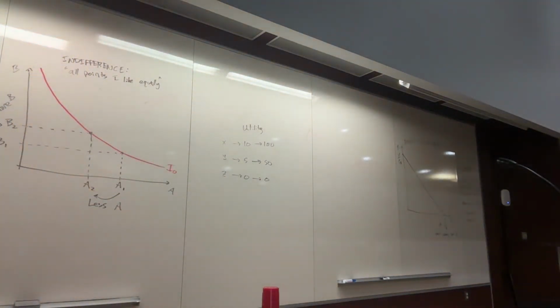Utilities are nice when we have a small number of things. But what happens when we have the entire number line, which is an incredibly large number of things? It could be any point on the real number line.